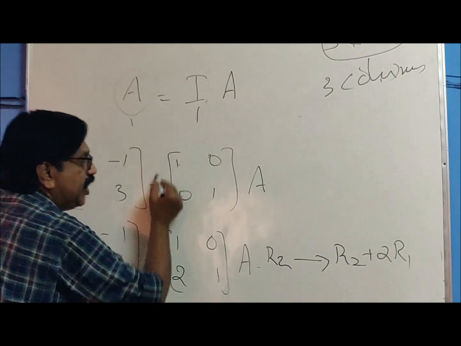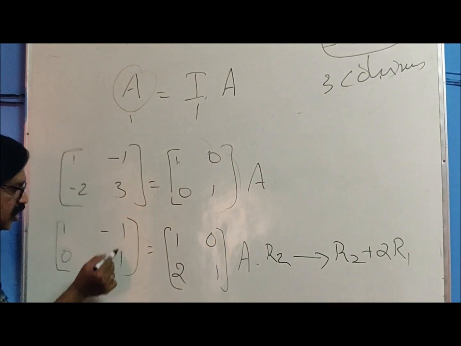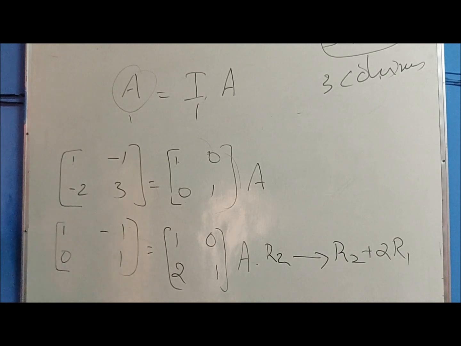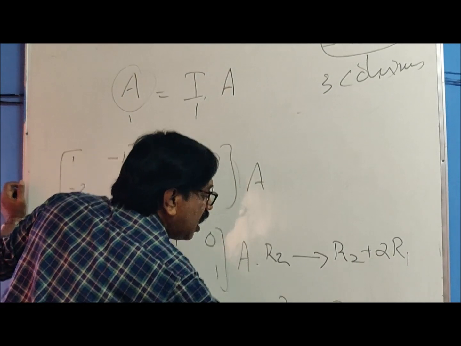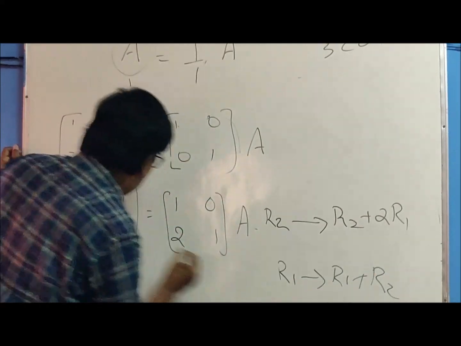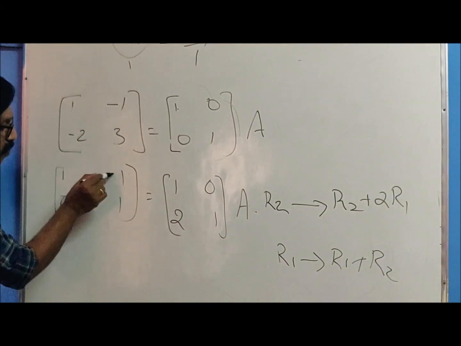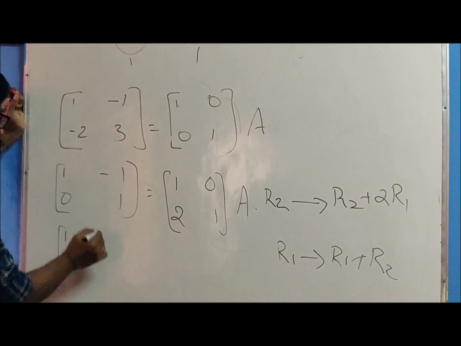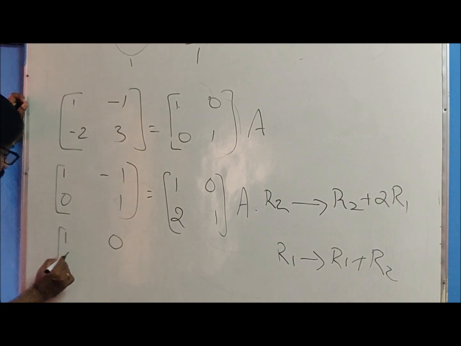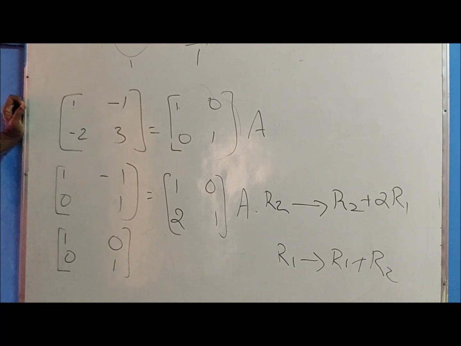Now this is already the form of the identity matrix. Here there is 1 only. Then this we have to bring to 0. Therefore, what are we going to do? R1 is replaced by R1 plus R2. Then what will happen? 1, then this will become 0, then again 0 and 1.